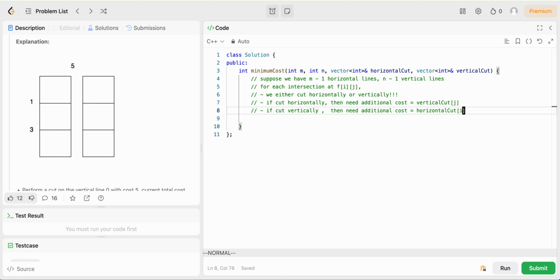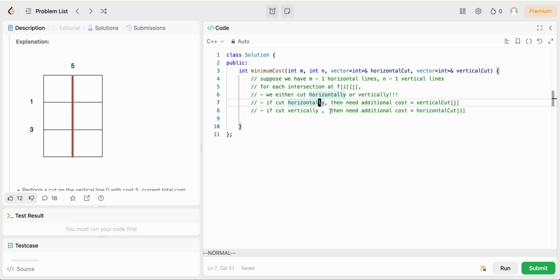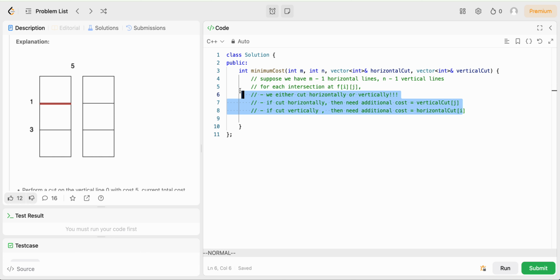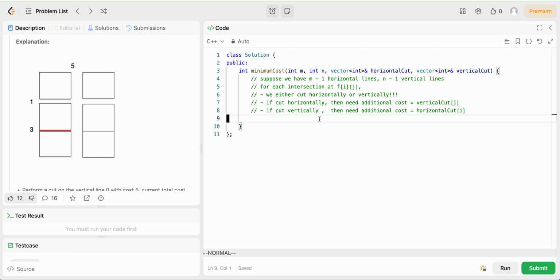Then we can first decide for each intersection whether we shall do the vertical cut or horizontal cut, because this is only determined by local information. It doesn't require any further global information to determine.